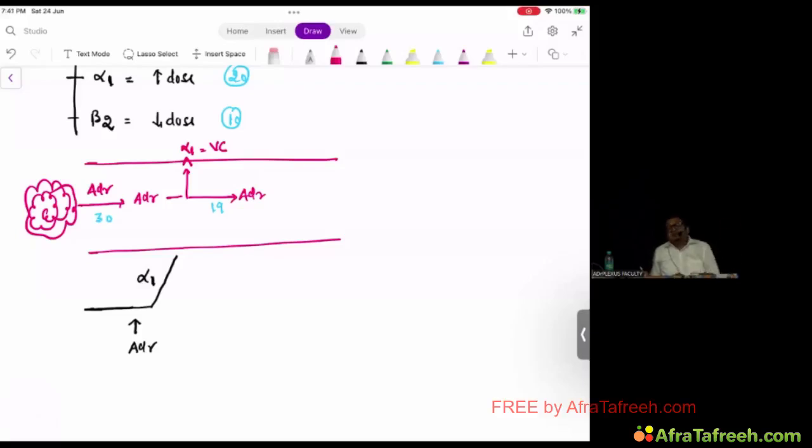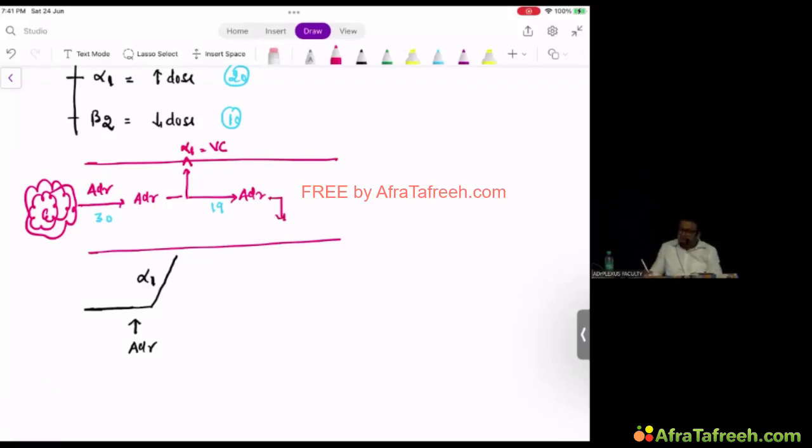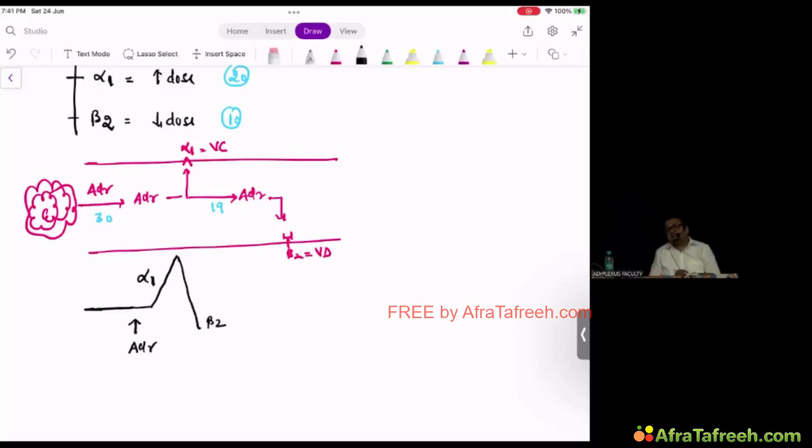How much is the concentration in blood now? It is less than 20. So which action will not come? But at low concentration, which action can come? So now this adrenaline will go and act on beta 2, producing what? Vasodilation. So BP will slightly fall. This fall is due to beta action.